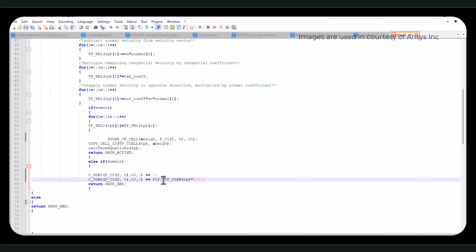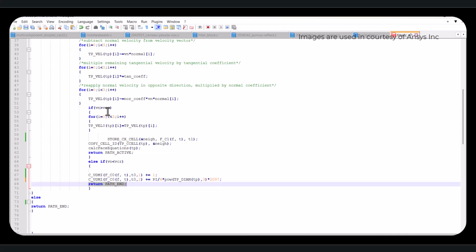And we should add the power of 3, multiplied by the density 2097. This gives the mass of a single particle trapped onto the layer, right? And it returns PATH_END.